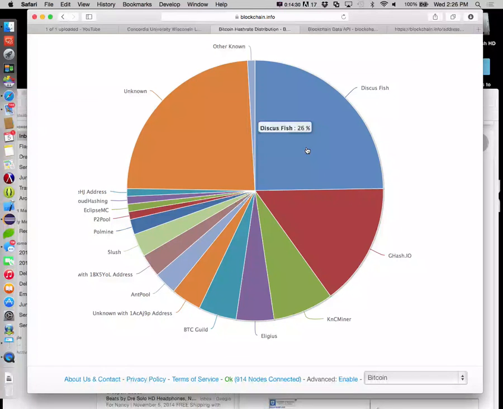Together, they're 51%, right? So if they agreed together to manipulate the blockchain, could they do it? They could. That's basically like one big pool that has 51%. We don't know their motives. Similarly, if we took all of these guys here, let's just assume it's 51%.